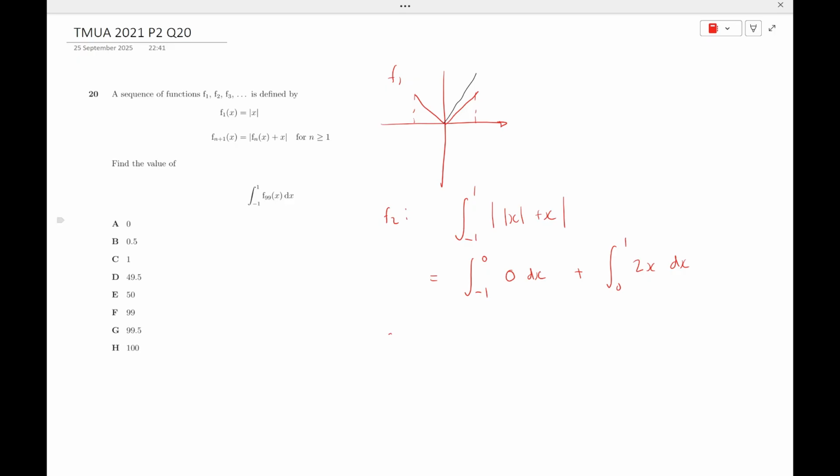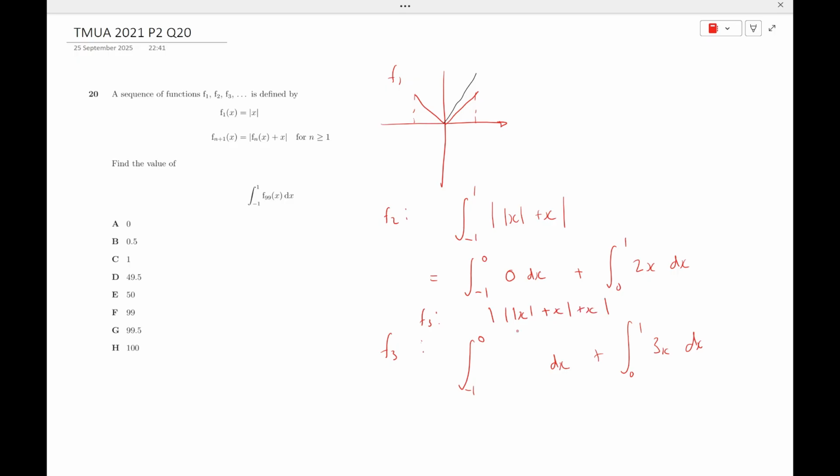Now, if we think about f3, well, we'll do that. Again, we'll split it up. We've then got the integral between -1 and 0 dx plus the integral between 0 and 1 of 3x dx. Because again, if we just keep adding more x's, f3 is going to be the mod of mod x plus x, mod of plus x, mod.